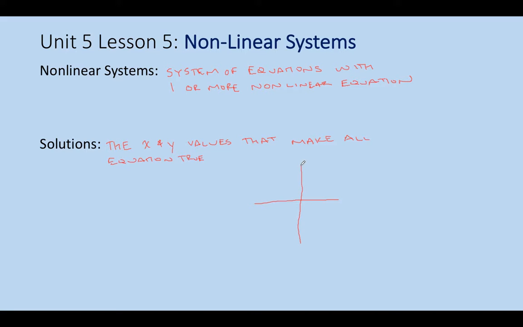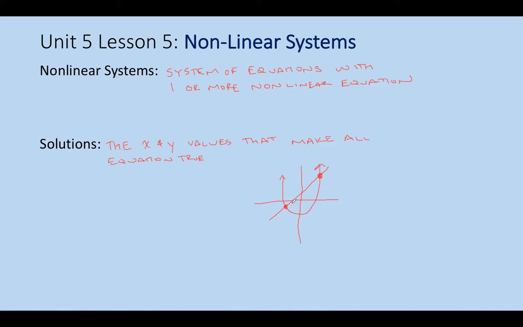In that sense, it's no different than what we had before, except that because we have nonlinear functions, we might have more than one solution. When we graph these, it's the place where they both cross, so it's the intersection points. If I have a linear and a nonlinear, like a quadratic, there's a good chance you would wind up with two sets of values for x and y that would make both equations true.